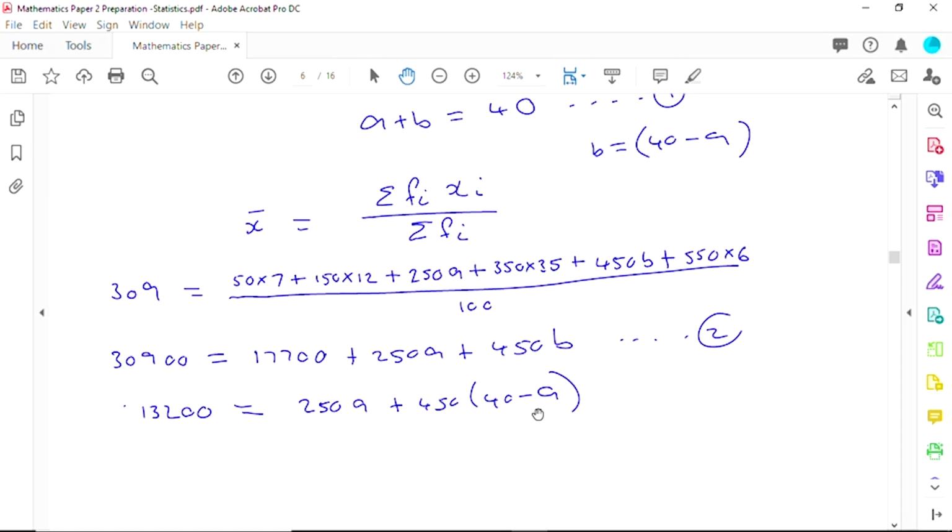And simplifying, we have 450 times 40, which is equal to 18,000.